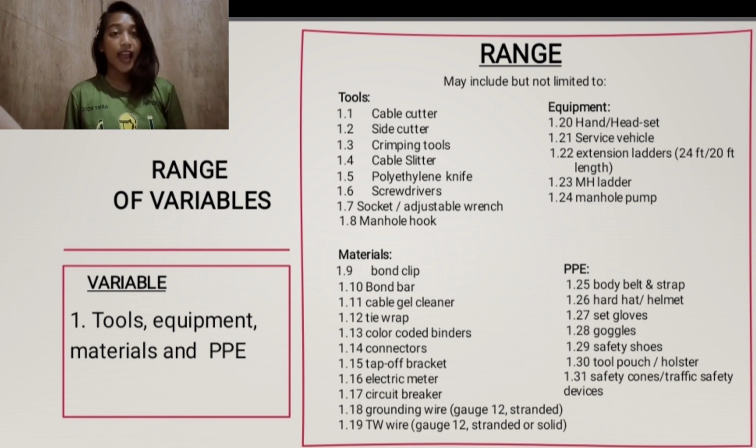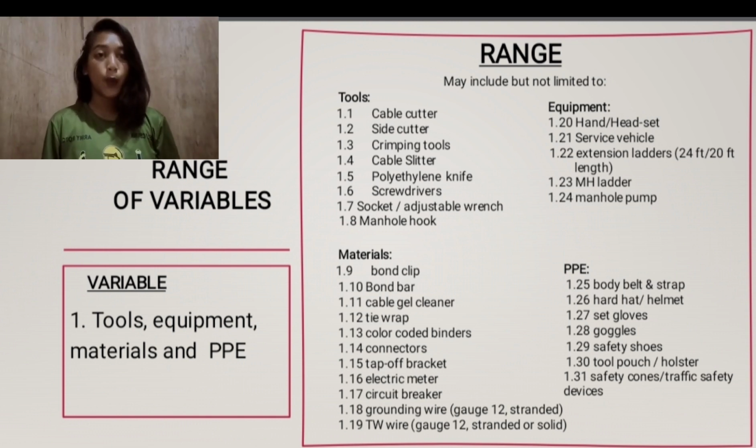Next, materials consist of bond clip, bond bar, cable gel cleaner, tie wrap, color-coded binders, connectors, top-off bracket, electric meter, circuit breaker, grounding wire that is stranded of 12 gauge, TW wire that is stranded or solid of 12 gauge also.